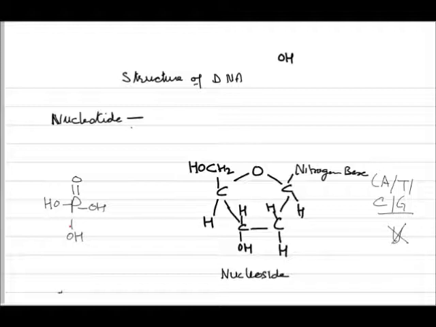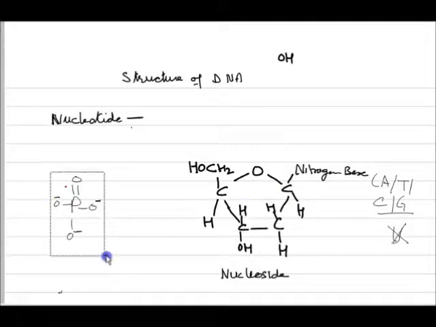In this phosphoric acid, we take the H from here and also the H from here to make it a phosphate group. PO4 3 negative is a phosphate group, with a negative charge here, here, and here. So this whole thing becomes a phosphate.